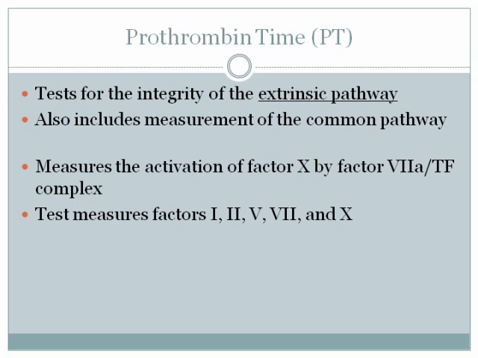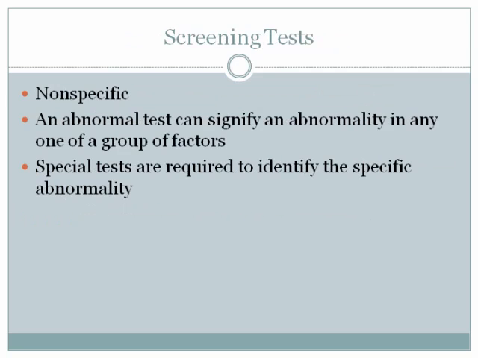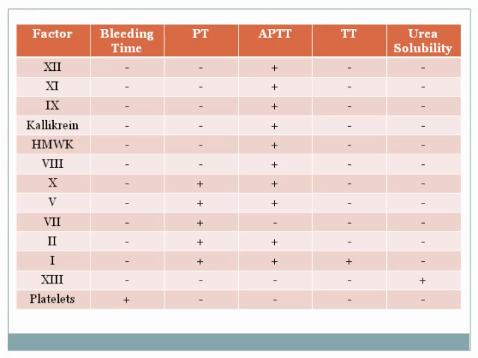When you look at the chart from two slides before, you can see that PT tests factors 10, 5, 2, 1, which are common, and factor 7. Those are the only factors found in the extrinsic pathway.